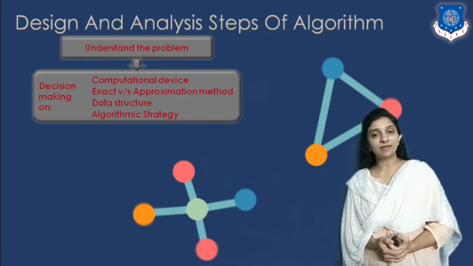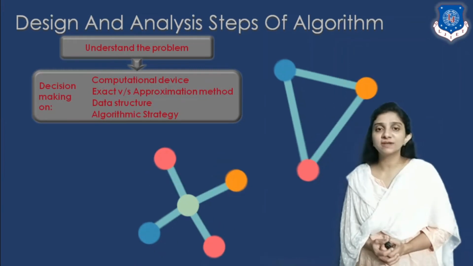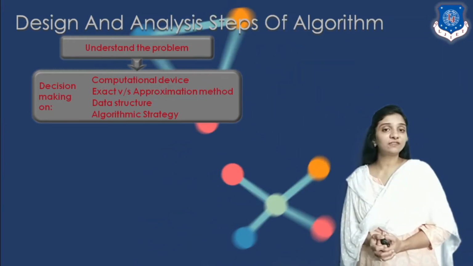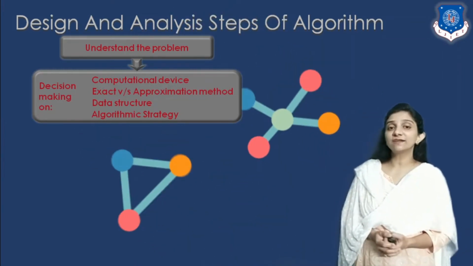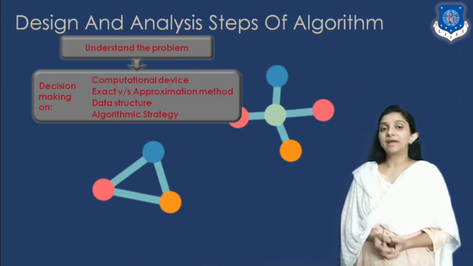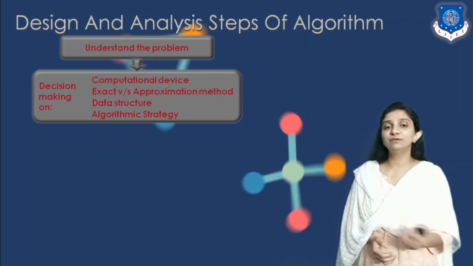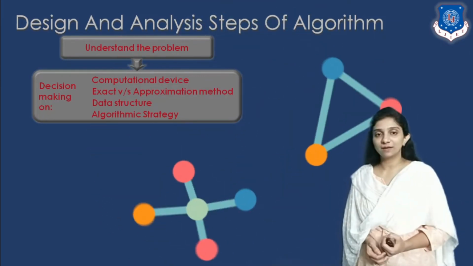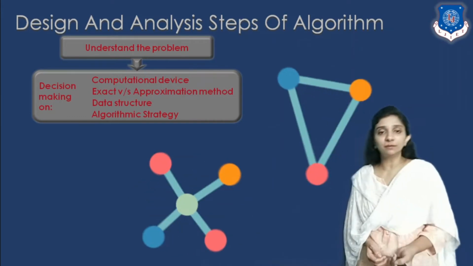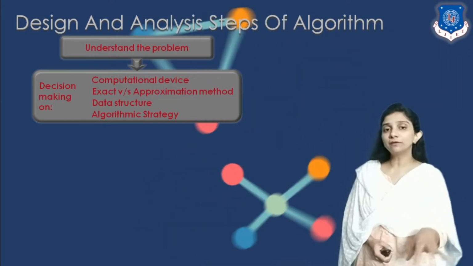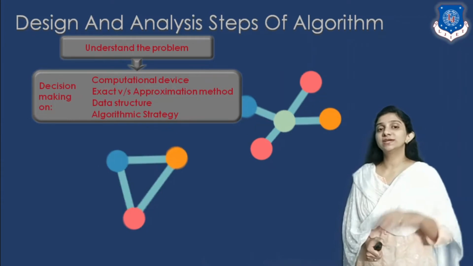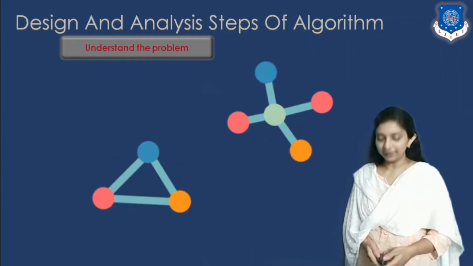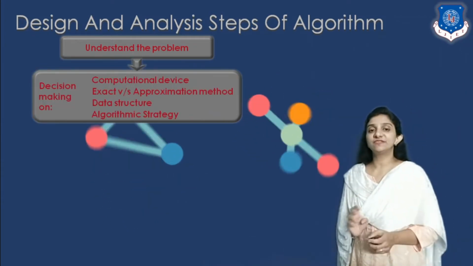Now you would think, who wants an approximate answer? But there are some problems whose exact solution will be time consuming or which is not required. Take an example of finding the square root of a number. If we are going to get an exact value, it might end up in n decimals.